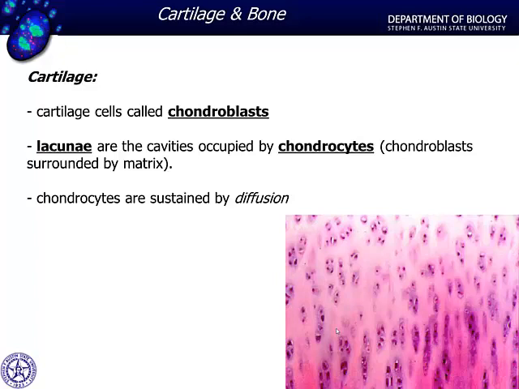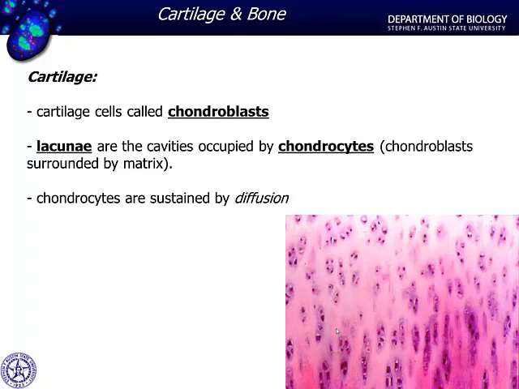So the cells we have in cartilage begin from mesodermal precursor cells, and the cartilage cells, once they have specified themselves for a cartilage fate, they're going to be called chondroblasts. Now, chondroblasts are actively producing a cartilaginous matrix, and they will, in fact, paint themselves into a corner, if you will allow me to use that analogy, and surround themselves by this cartilaginous matrix.